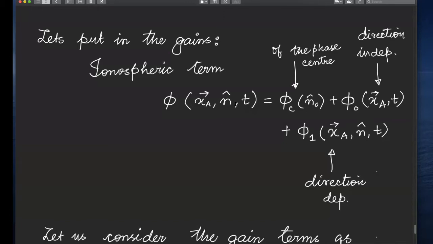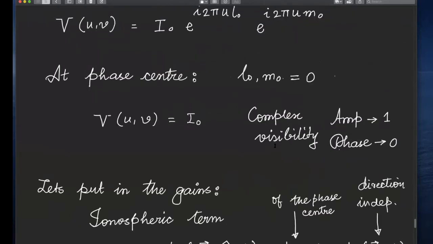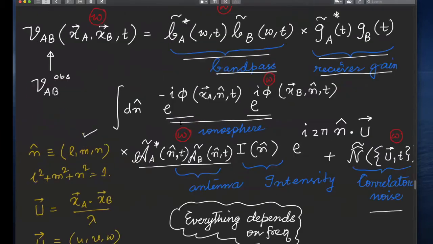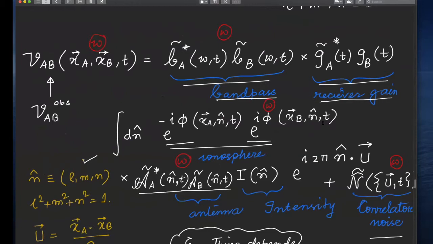Okay. So now if I look at these three terms and try to put them back in my original equation, they come in these two places. You see, there was the term phi c, which doesn't depend on anything. So that will easily go out of the integral. And it will come with a minus sign for antenna A and a plus sign for antenna B. And that will actually go away.